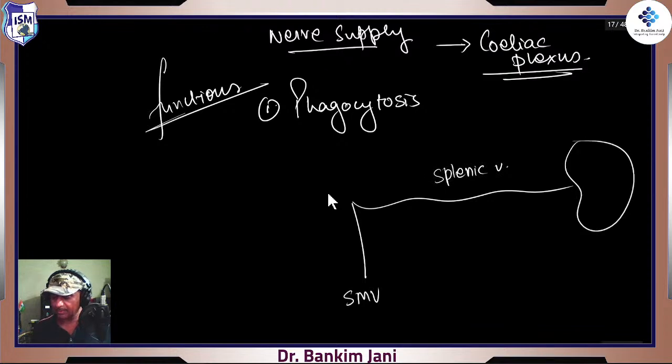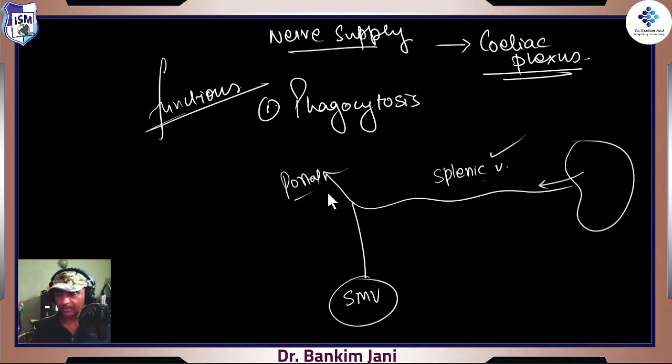So here spleen would be sending its blood via splenic vein only. Why should it need even superior mesenteric vein? Because from here it will go to the portal. So that's it. This much is needed. Superior mesenteric vein as such directly won't touch the spleen.